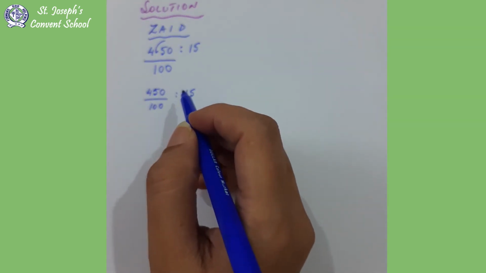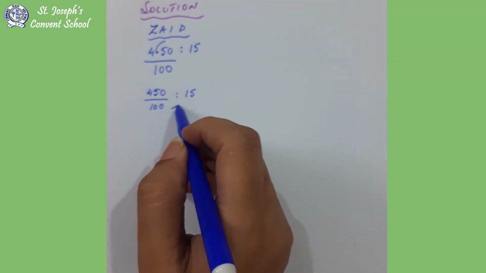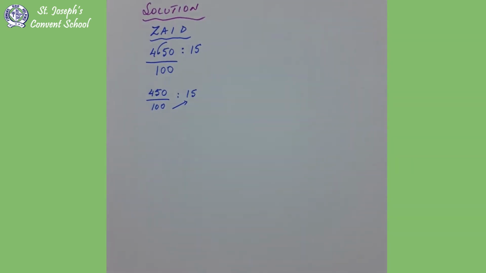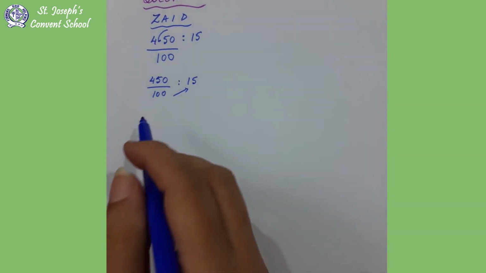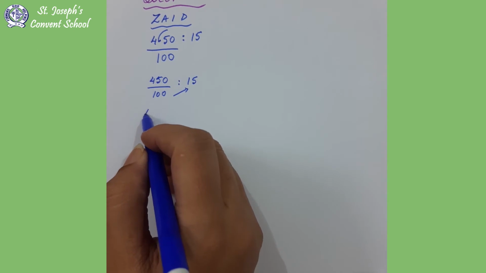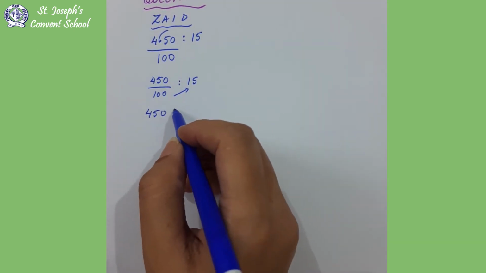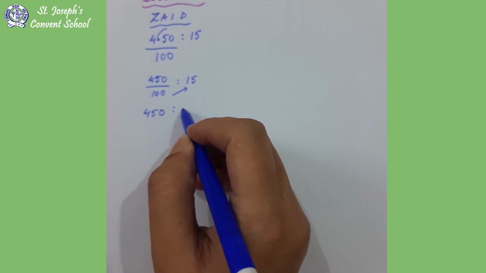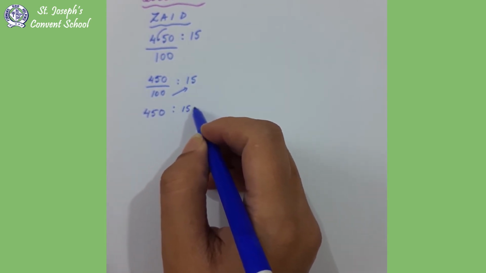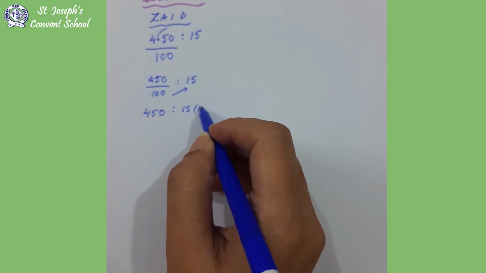Okay, so we will cross multiply, 100 will go there, so 15 multiplied by 100. So 450 is to 15 into 100.